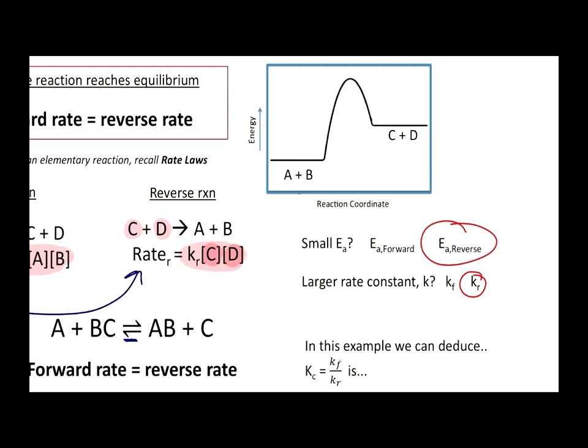What equation tells us that? The Arrhenius equation: k equals A times e to the negative Ea over RT. The rate constant increases if activation energy is small or if temperature is large. But in this case we're just changing activation energy, so in the reverse direction activation energy is small, so the rate constant in the reverse direction is big. Do you agree?